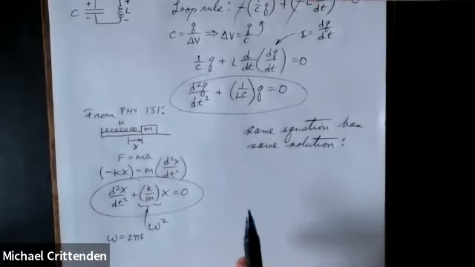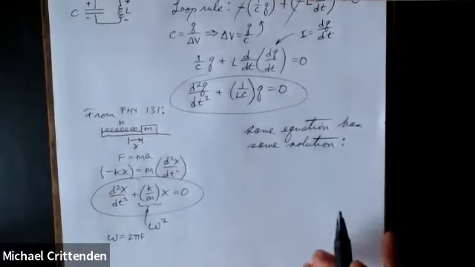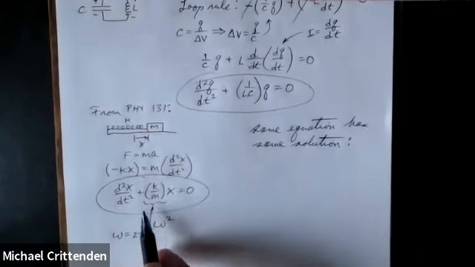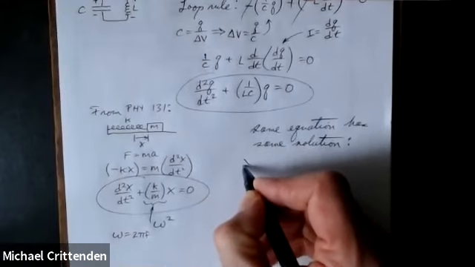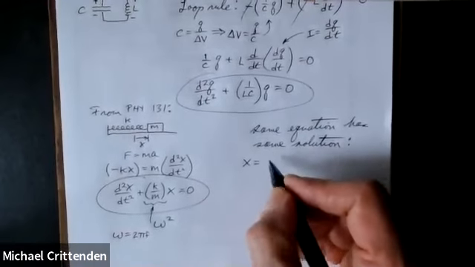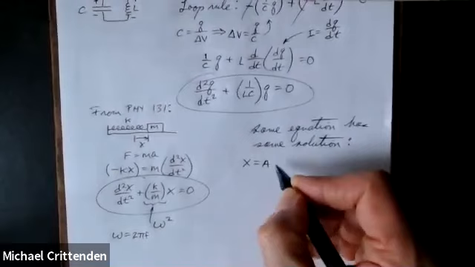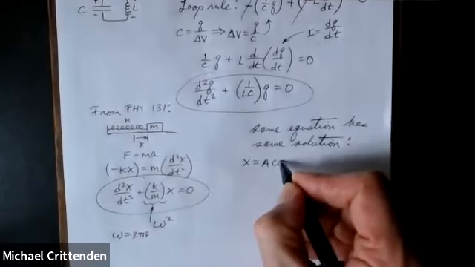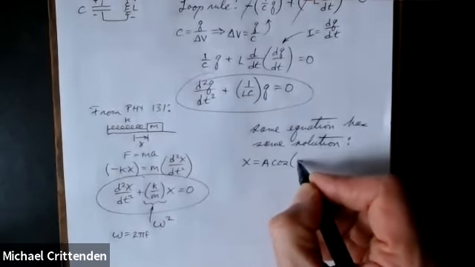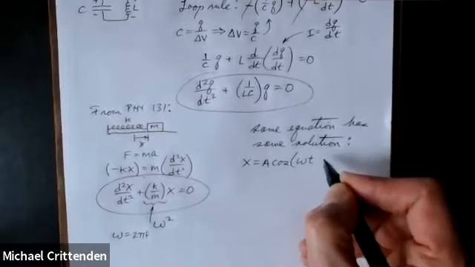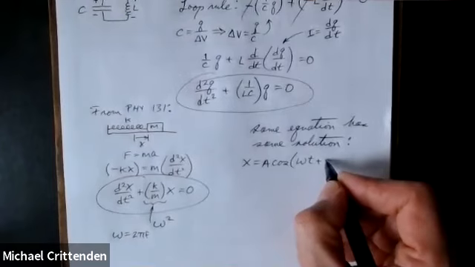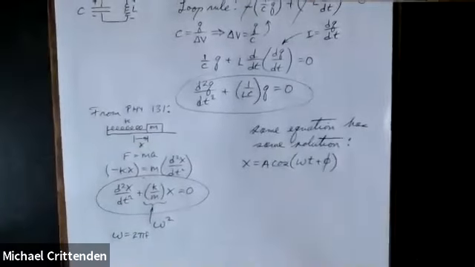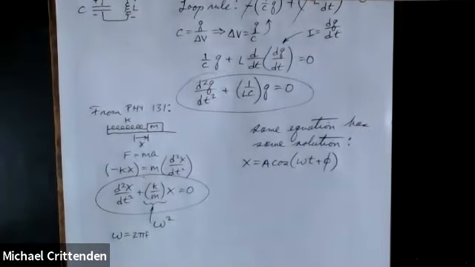Same equation, has the same solution, and last fall, when it was x, the position of the mass was equal to A cosine of omega t plus some phase angle that we were representing with the Greek letter phi.